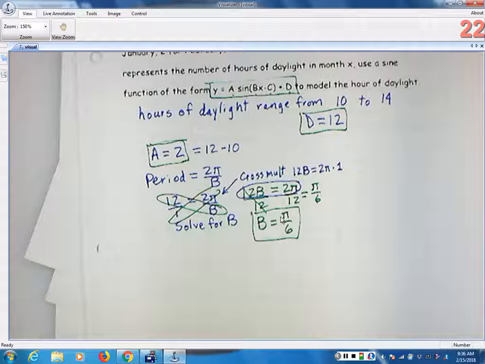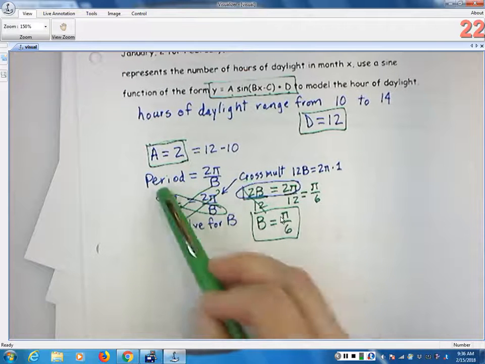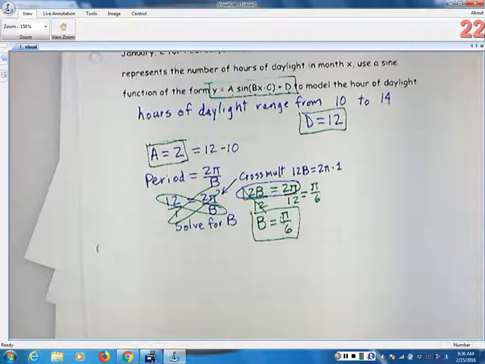I was looking at the filled in notes, and you got 12b over 12 equals 2 pi over 12, then b equals pi over 6. I was confused as to where the 12b over 12 came from. I may not have shown the cross multiplying. You did right above it. Okay, so now you see where it comes from.